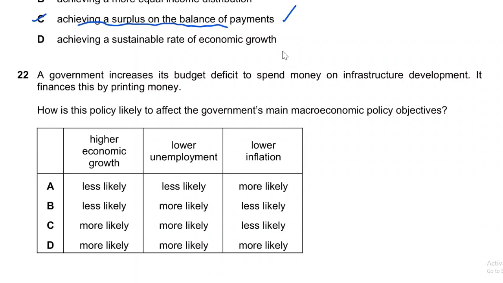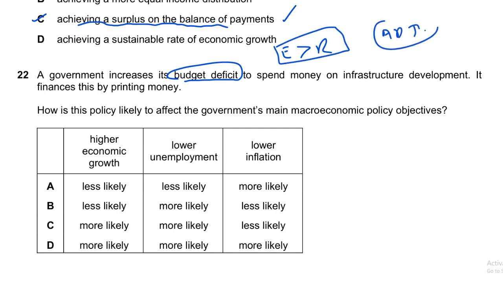And question number 22 says, a government increases its budget deficit. Budget deficit is when government expenditure is greater than government revenue. So expenditures are greater than revenue, so it increases aggregate demand in the country. Okay, so to spend money on infrastructure development, it finances this by printing money.